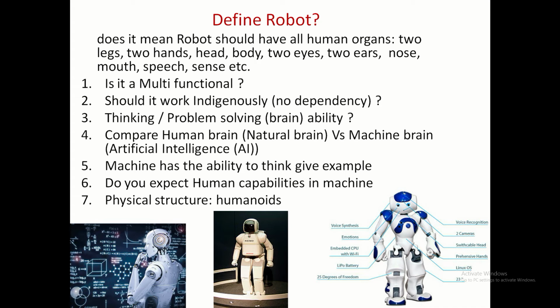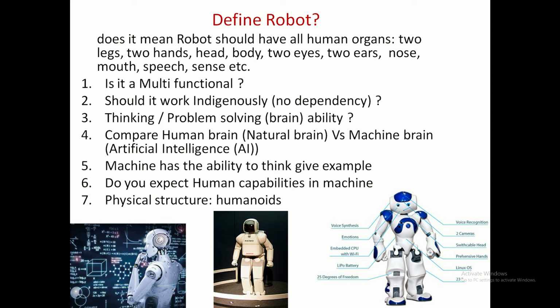So it is multifunctional, reprogrammable, reconfigurable. Your washing machine, you cannot use for some other job. You cannot even change the parts. You cannot change the program. One task, one function, one job.